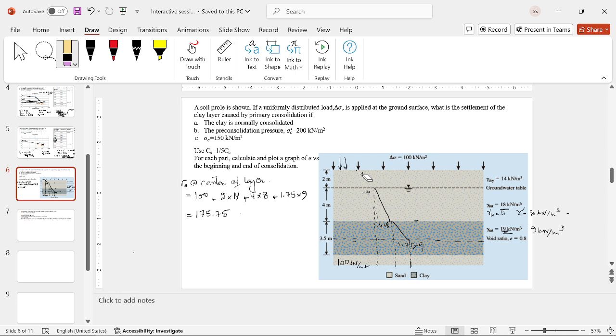Now you see, what is the pre-consolidation pressure? The pre-consolidation pressure here is 175.75. So how can this be?